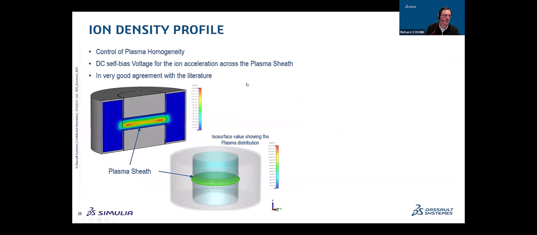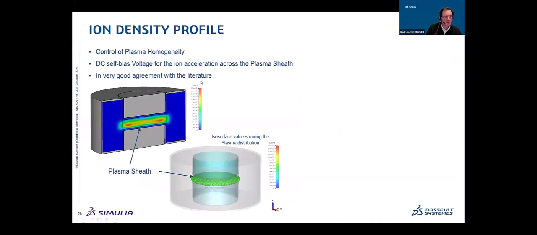Then we can have a look at the results that we have at this particular pressure. We can also control the plasma homogeneity. DC self-bias voltage for the ion accelerations across the plasma sheath could also be taken into account. Here, we only consider the plasma established in the plasma reactor, and we can compute and analyze the whole behavior.